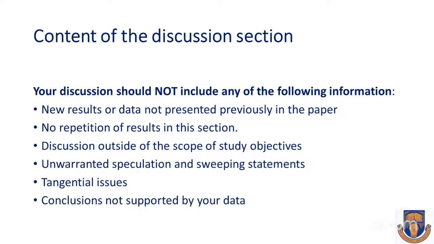I'd like to explain what discussion should be, and how it differs from what results are. Your discussion should not be out of scope of your study objective, and do not make sweeping statements. We know as researchers, as scientists, we frown at making sweeping statements, speculative statements, statements that cannot be backed with evidence generated from your study.